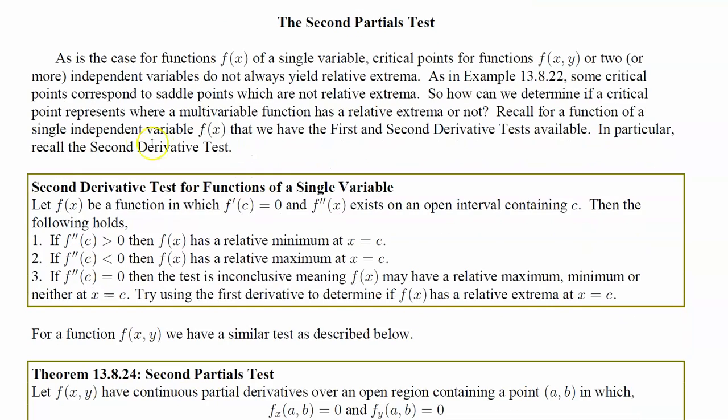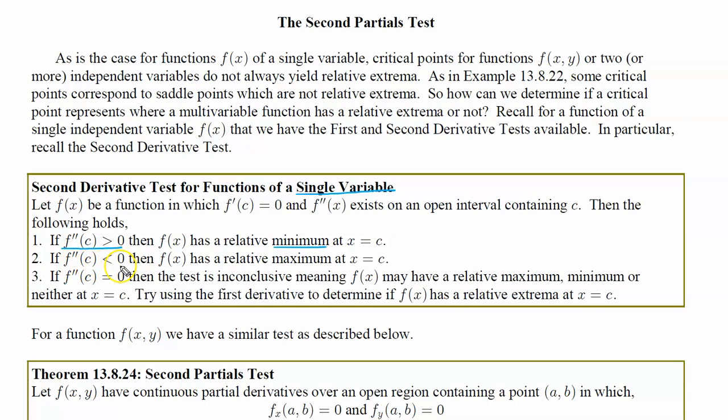Now let's take a look at a test for determining whether we have a relative maximum or a relative minimum at one of those critical points. Now recall, here is the second derivative test for a function of a single variable. Once you identify a critical number c, if your second derivative is greater than 0 at that point, meaning your function is concave up, then you have a relative minimum at c.